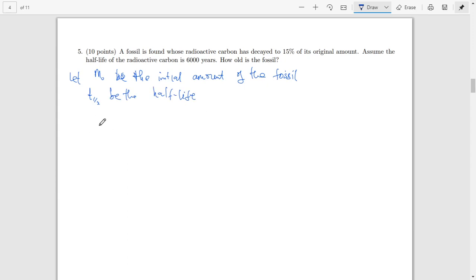Then by exponential growth and decay, at any time t, we have that m of t is equal to m naught e to the kt, where k is the decay rate.